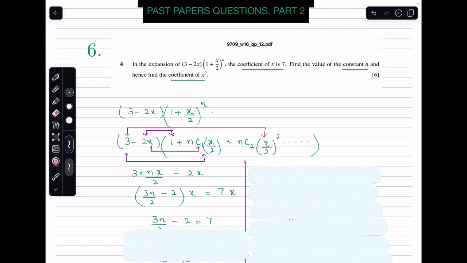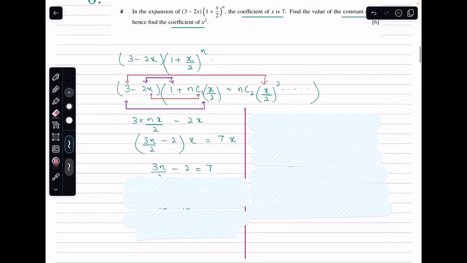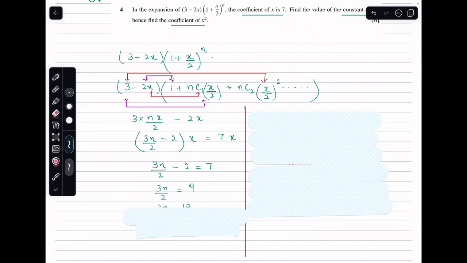So if I compare the two sides, the left hand side and the right hand side, then it is going to be 3n by 2 minus 2, which equals 7, or 3n by 2 equals 9, or 3n equals 18, and then n shall be equal to 6. So this is how I will be finding the value of n here.